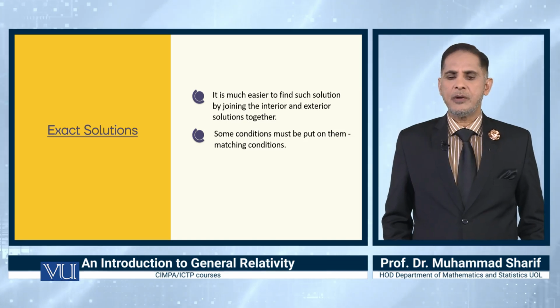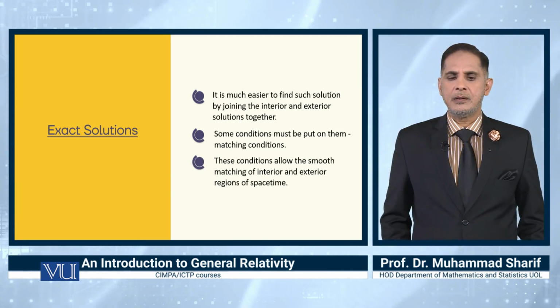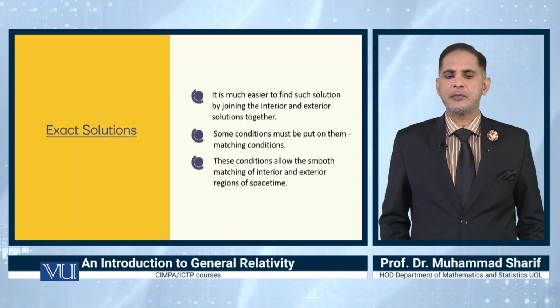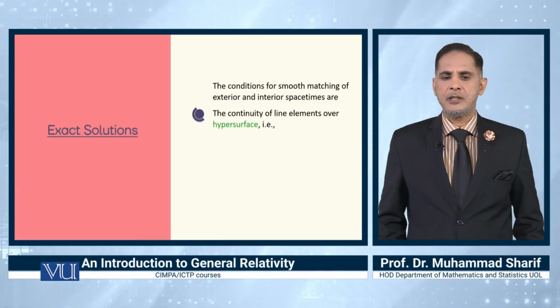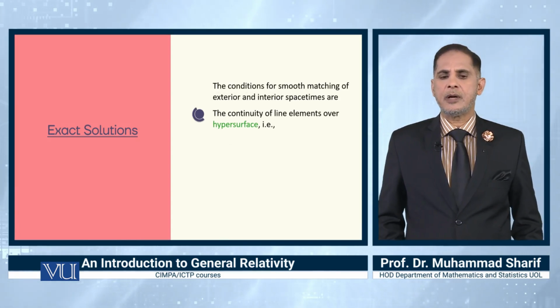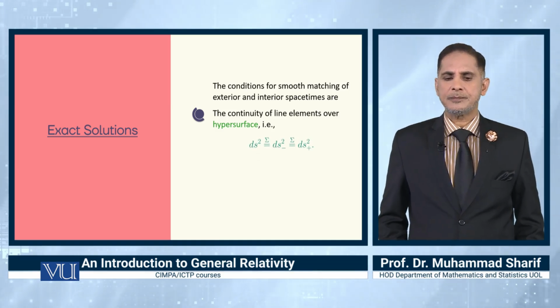So, some conditions must be put on them. These are called matching conditions. These conditions allow the smooth matching of the interior and exterior regions of space-time. The conditions for smooth matching of exterior and interior space-times are given as follows. Number one, the continuity of line elements over the hypersurface.